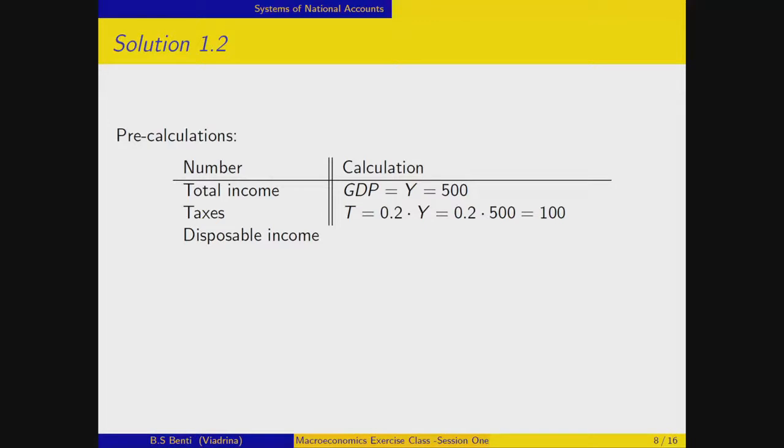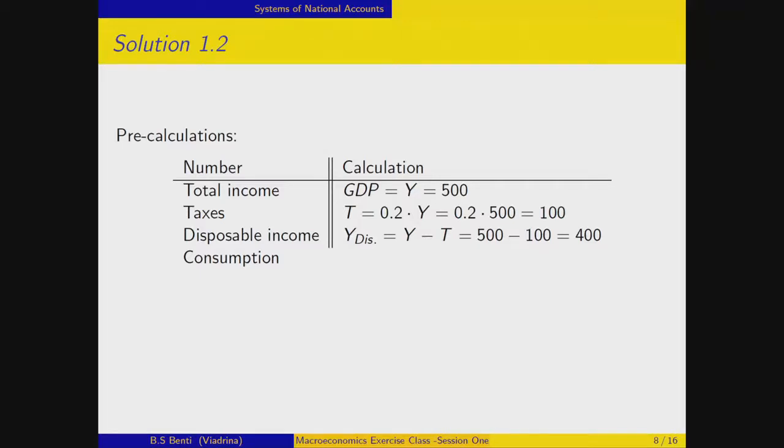So disposable income is defined as income minus taxes. We had an income of 500 minus 100 for taxes, which would give us 400 euros as disposable income.